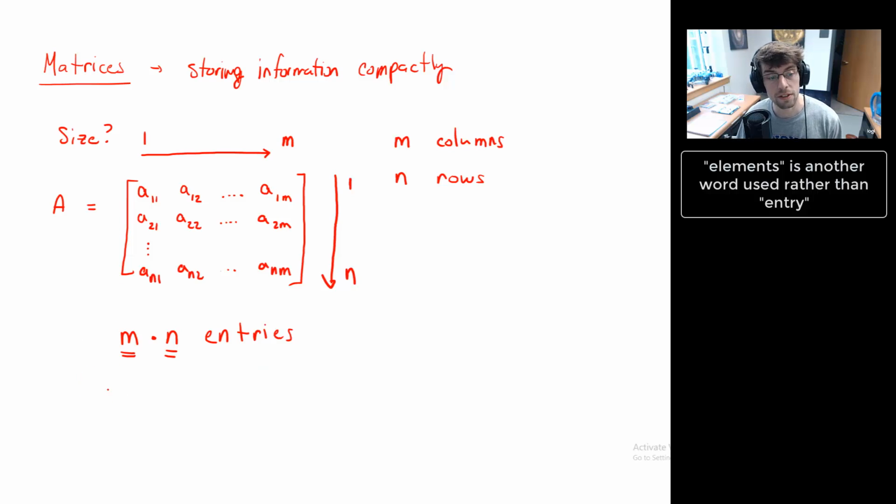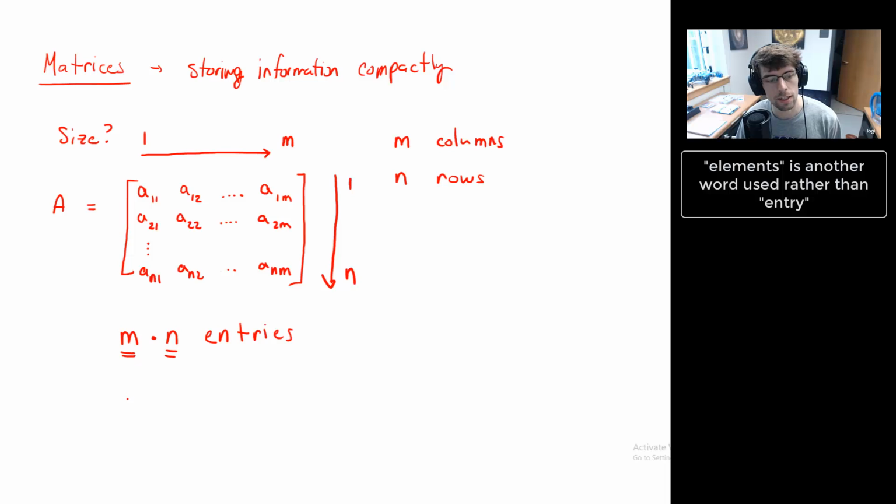Now, how we specify entries, as you've already seen up here, is that each entry is given an index. These subscripted numbers are what I would refer to as an index. The first index represents the row that the entry is located in, and the second one indicates the column.